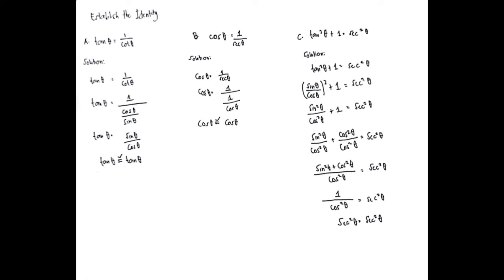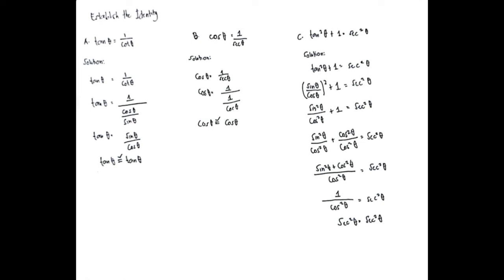So we have now sine squared theta over cosine squared theta plus cosine squared theta over cosine squared theta equals secant squared theta. So by the addition property, sine squared theta plus cosine squared theta over cosine squared theta equals secant squared theta. We all know that sine squared theta plus cosine squared theta is equal to 1.